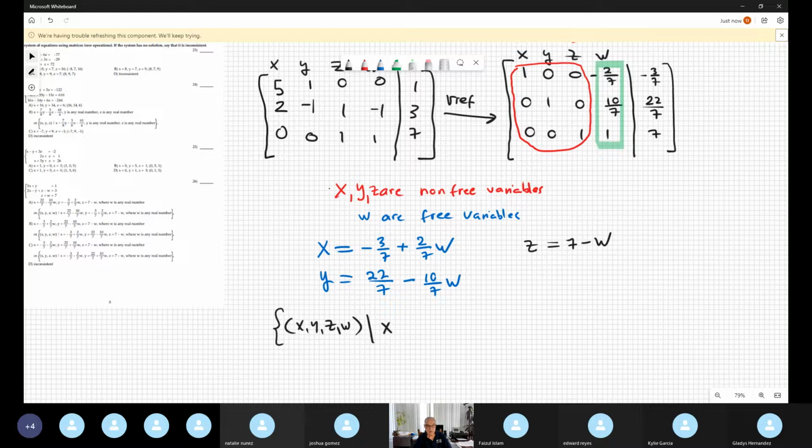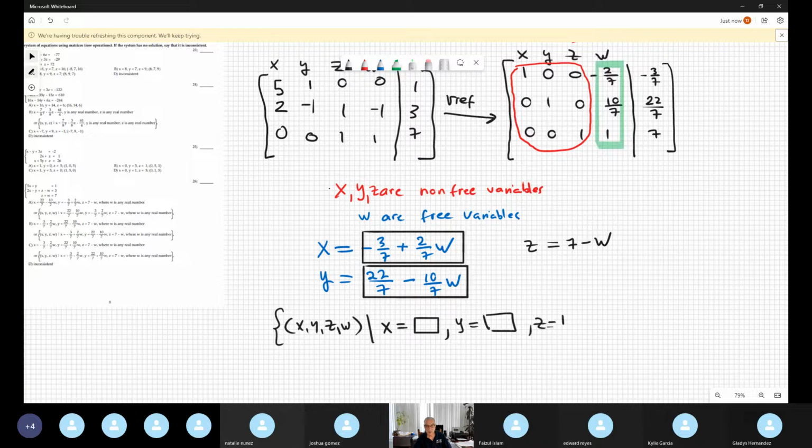You copy X equals something, this expression. I don't want to copy again. Comma, Y equals another expression, comma, Z equals another expression, and comma, W is any real number, because it's free. This is one possibility to write.